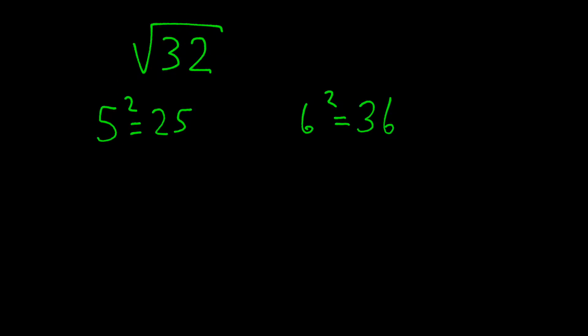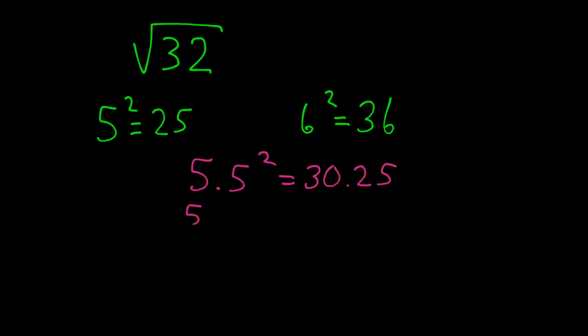But just like before, we're going to want to get an approximate value by guessing and checking. So let's jump right into the middle between 5 and 6 and see what is 5.5 squared. And if we multiply it out, we get 30.25, which, like before, is kind of close, but we can see if we can get a little bit closer.